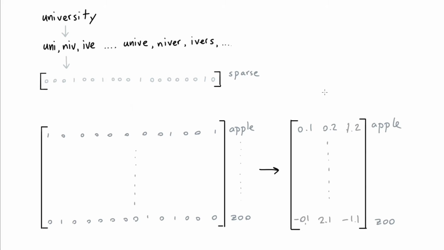A potential benefit of having this is that you can calculate different distances a little bit more effectively. But before we get there, we have to think about how we're going to get these dense representations. We're going to have to apply some sort of dimensionality reduction technique, such that we end up with a dense array per word.